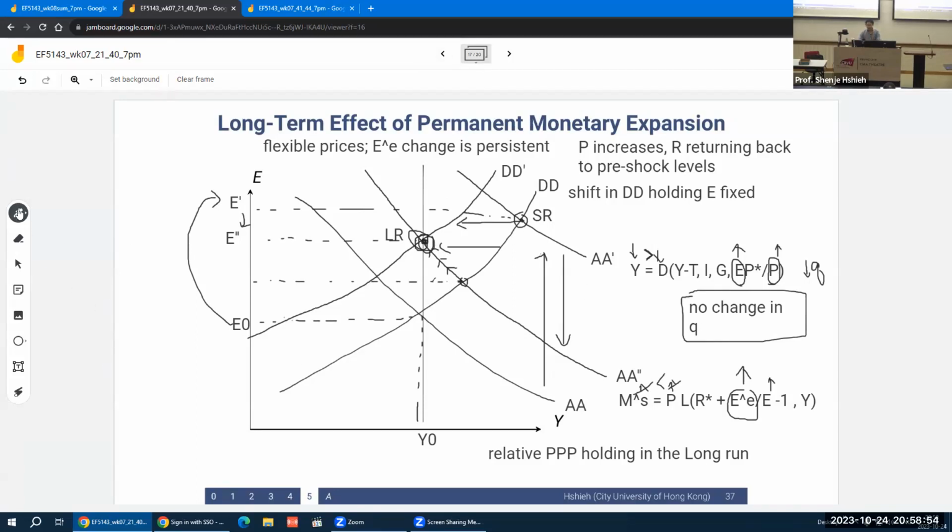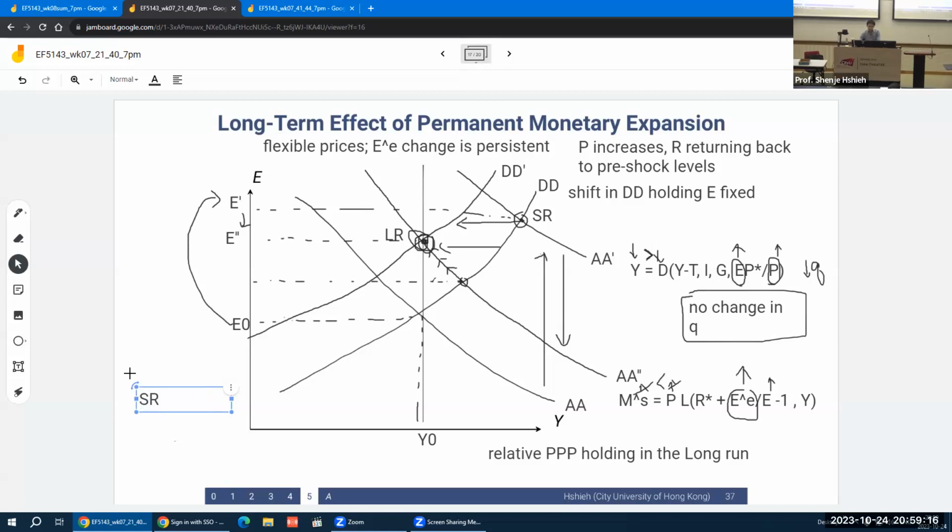So the ingredients again: increase in P, right? That's the starting point. Let me do a side-by-side comparison.